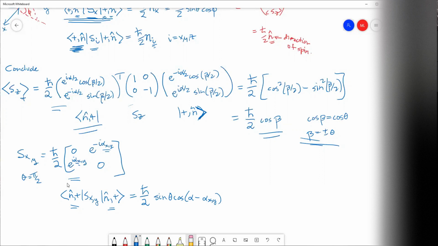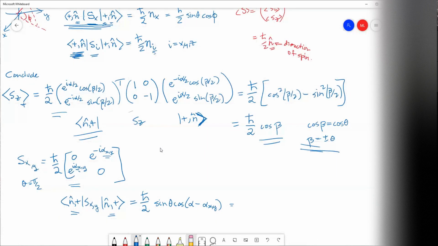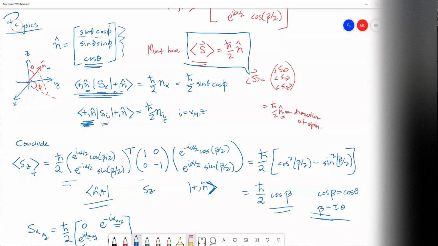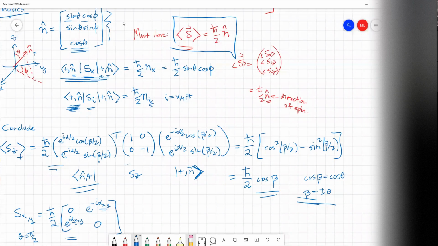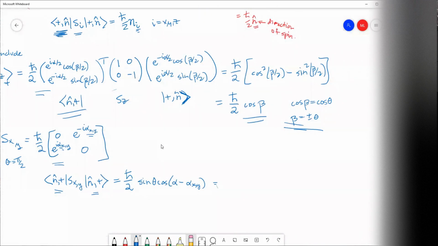And we know that this should be equal to either the x or the y components. So the x or y components are cosine phi and sine phi. So this piece has to be equal to cosine phi for the x direction, and has to be equal to sine phi for the y direction.